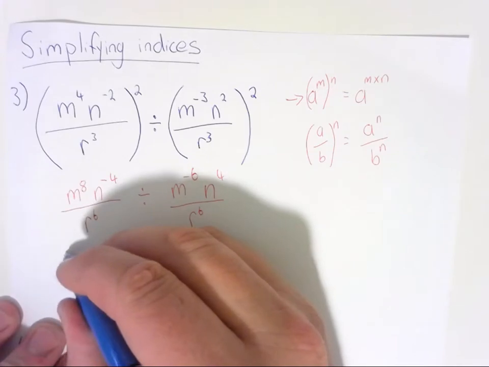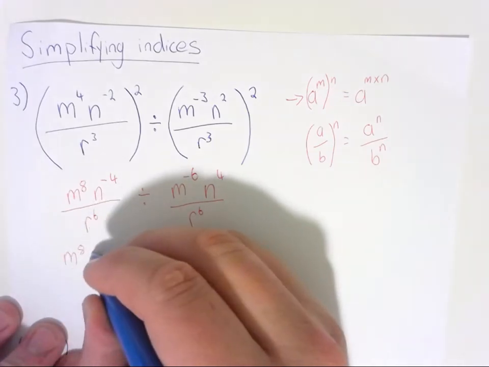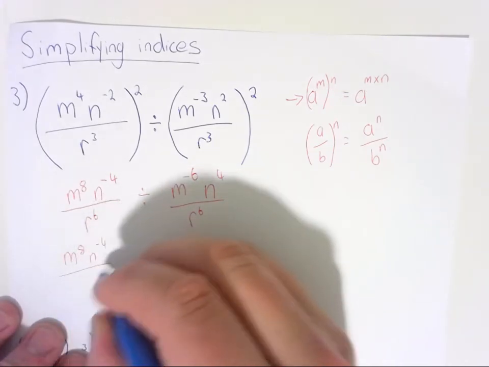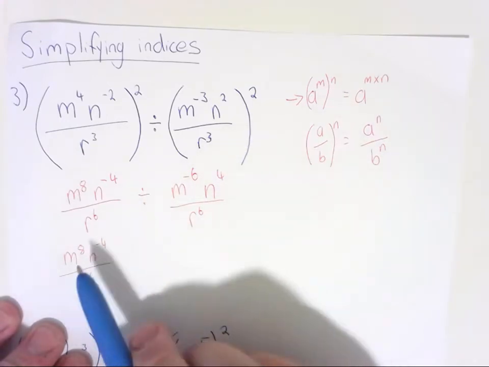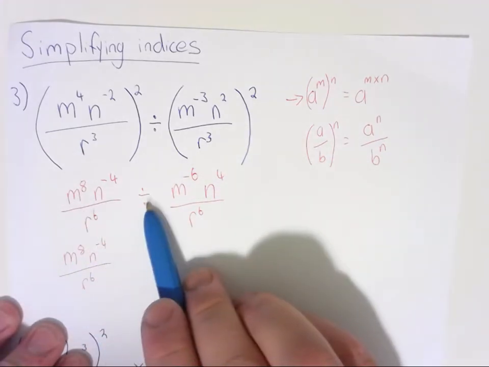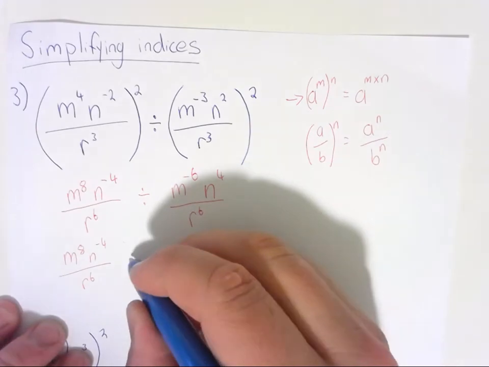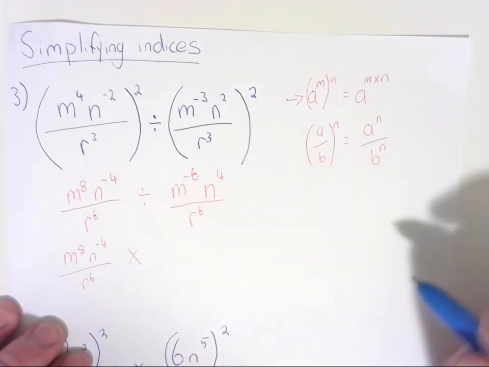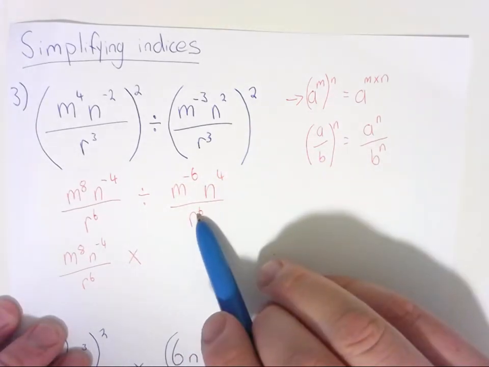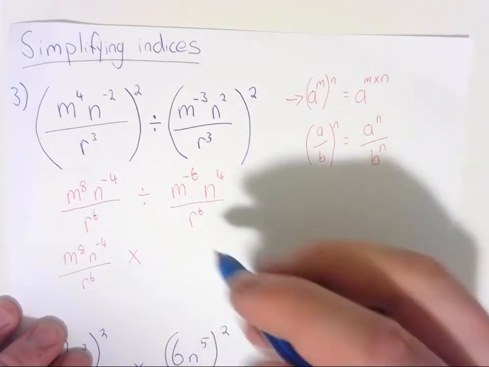So we keep this part here, m to the 8, n to the negative 4 on r to the 6. Keep this one the same. Change our sign from a divide to a times, and flip this one here. So this goes up here, this comes down.